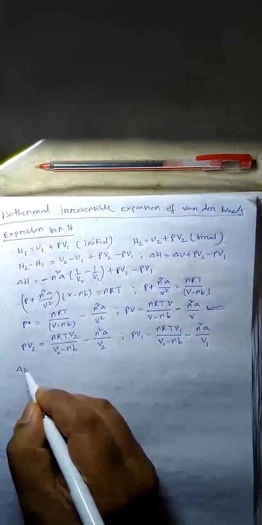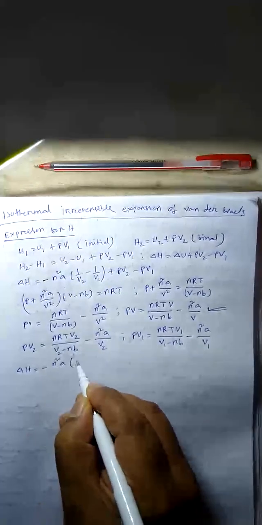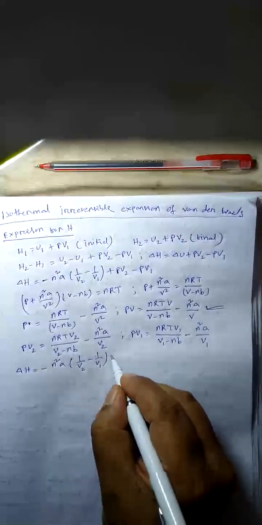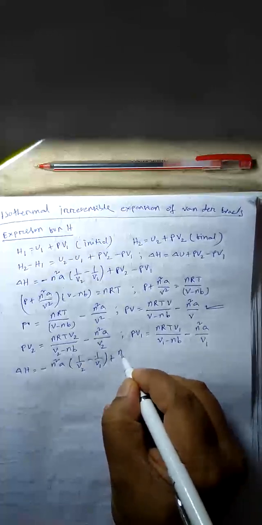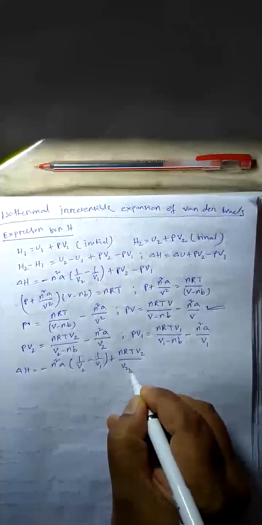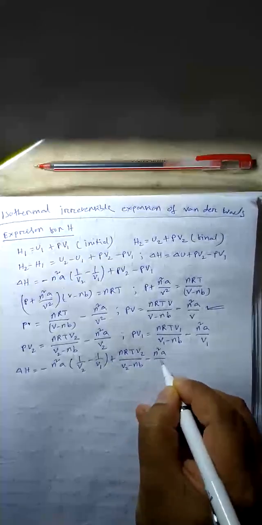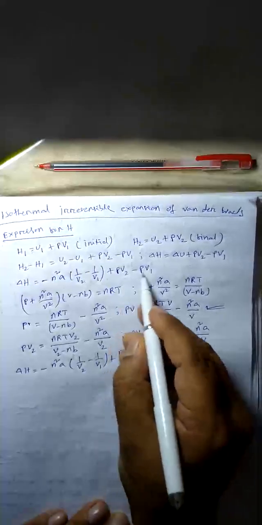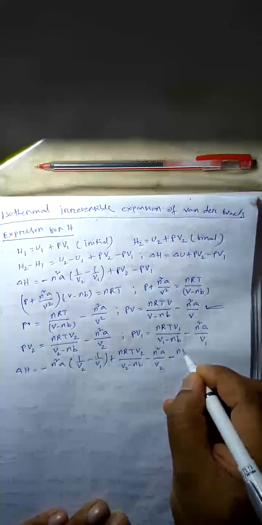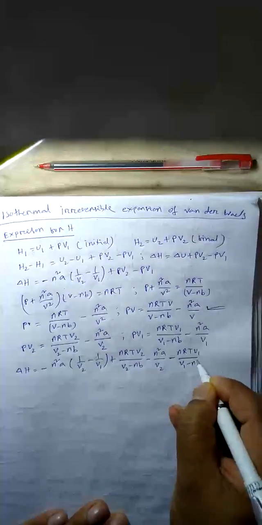We get delta H equals minus n squared a times 1 by V2 minus 1 by V1, plus PV2, nRT V2 divided by V2 minus nb minus n squared a by V2, minus PV1, nRT V1 divided by V1 minus nb.